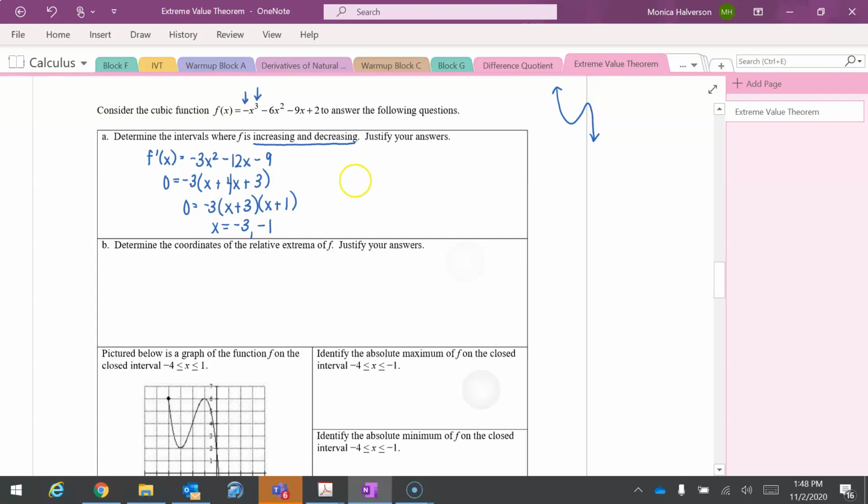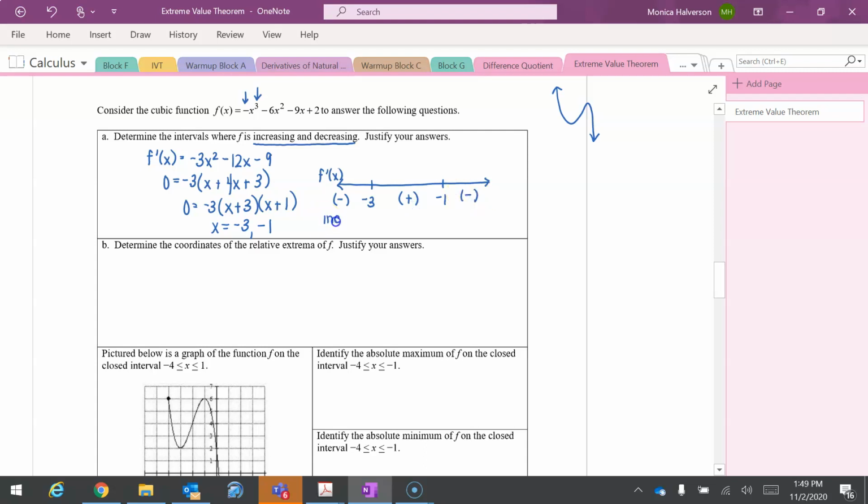All right, so then we're going to do our first derivative test. And when we plug in values, we're going to get negative here, positive here, and negative here.